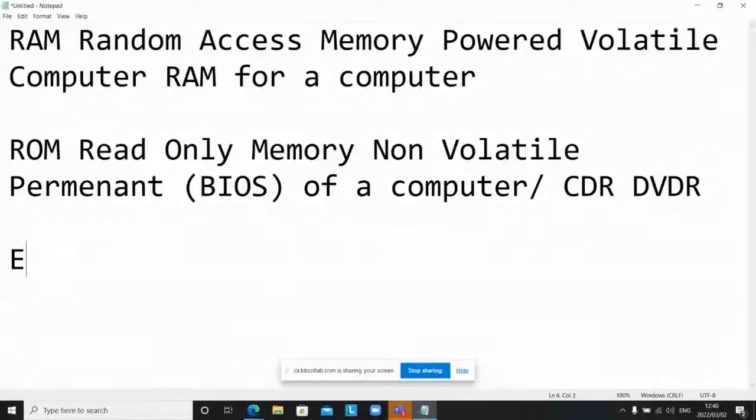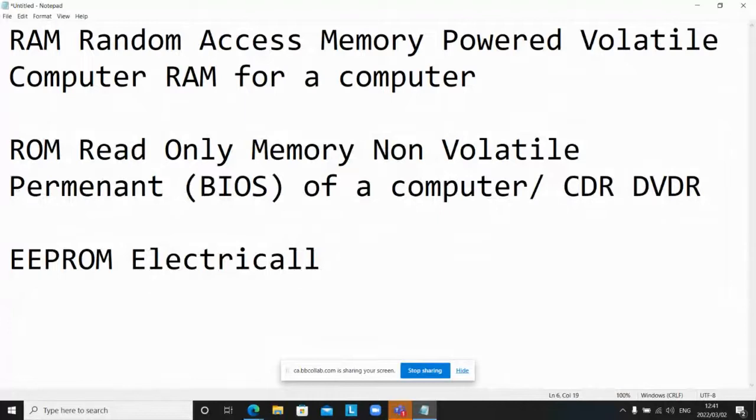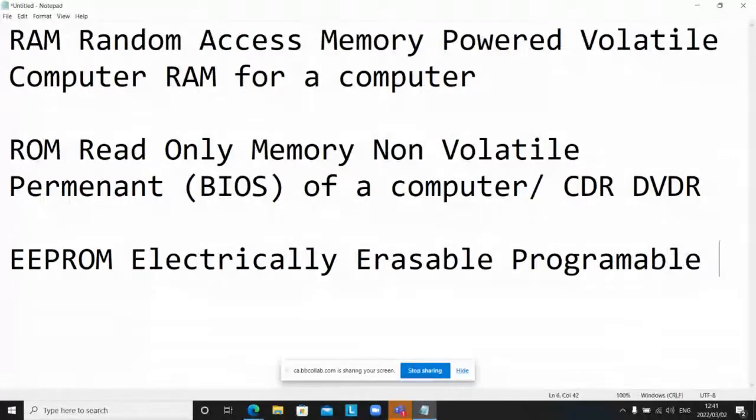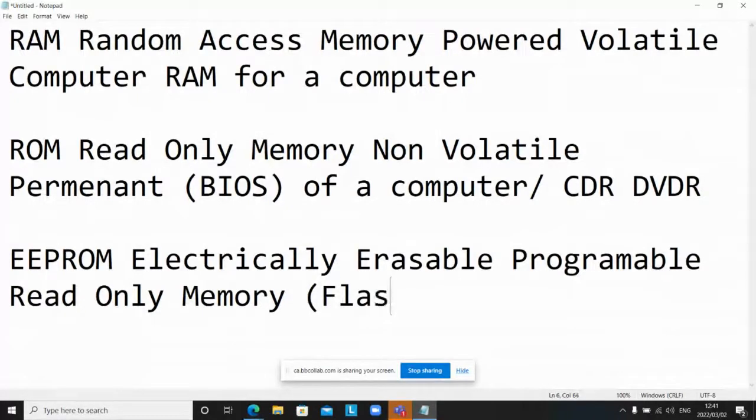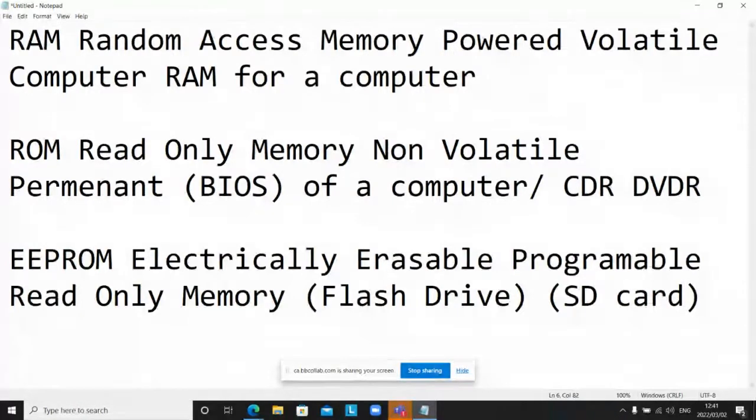There's something called EEPROM. EEPROM is what, for example, a flash drive is, or an SD card. Just a brief explanation of that.